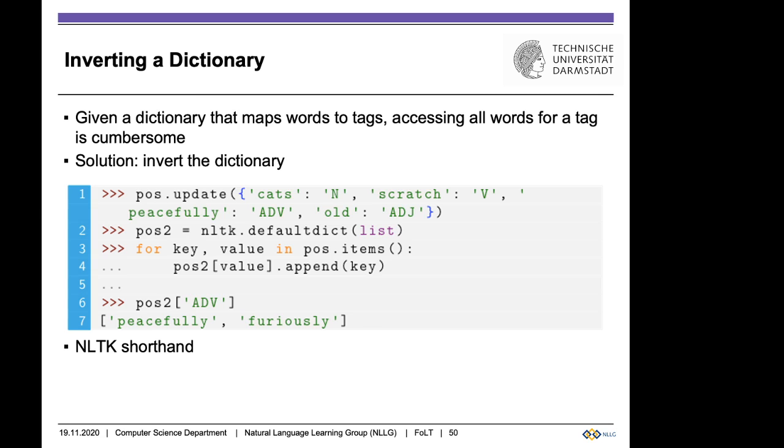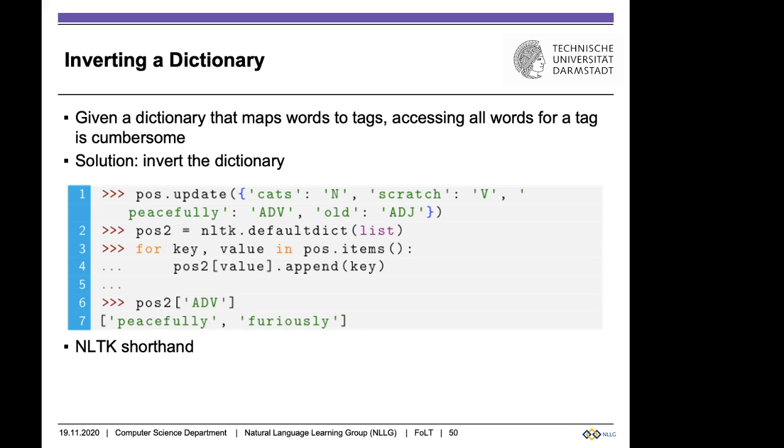And also, let's see how to invert our dictionaries. For example, we have a dictionary where keys are words and the values are the tags. So if we want to access all the words for a particular tag, it could be a little difficult. The solution for this problem is to invert the dictionary, which means we want to reverse keys and values.